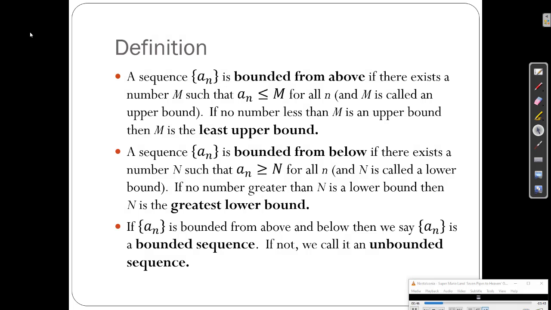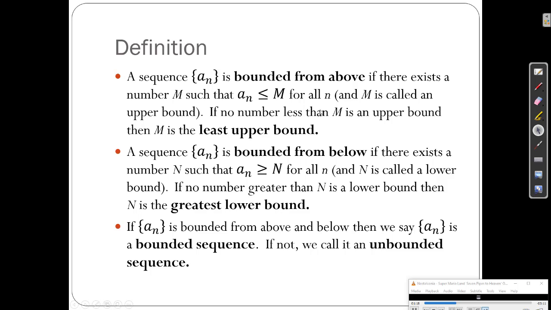To finish out this chapter, we're going to talk about a couple definitions and then a theorem. So here's the definition. A sequence is bounded from above if there is some number m such that your sequence values are all less than that number for all n, for every index. And you call m an upper bound in that case.